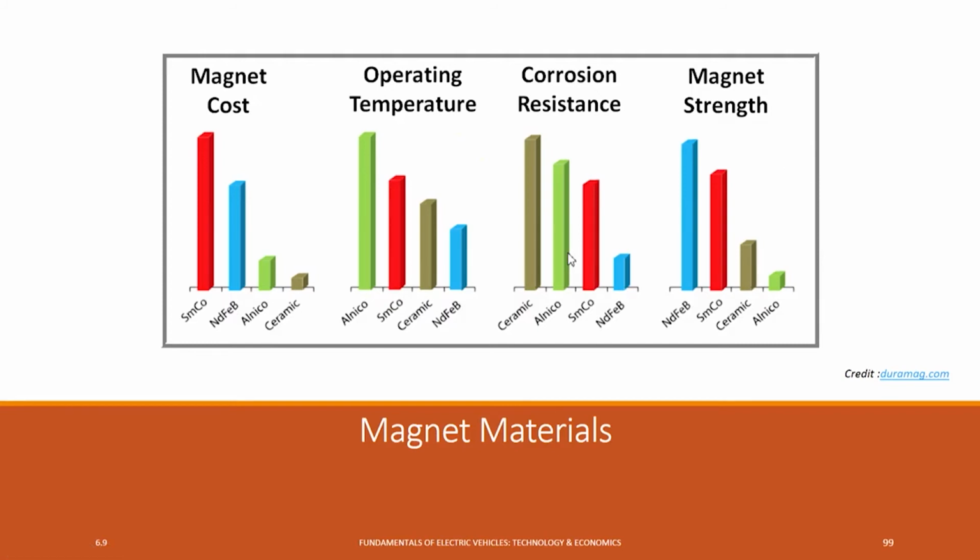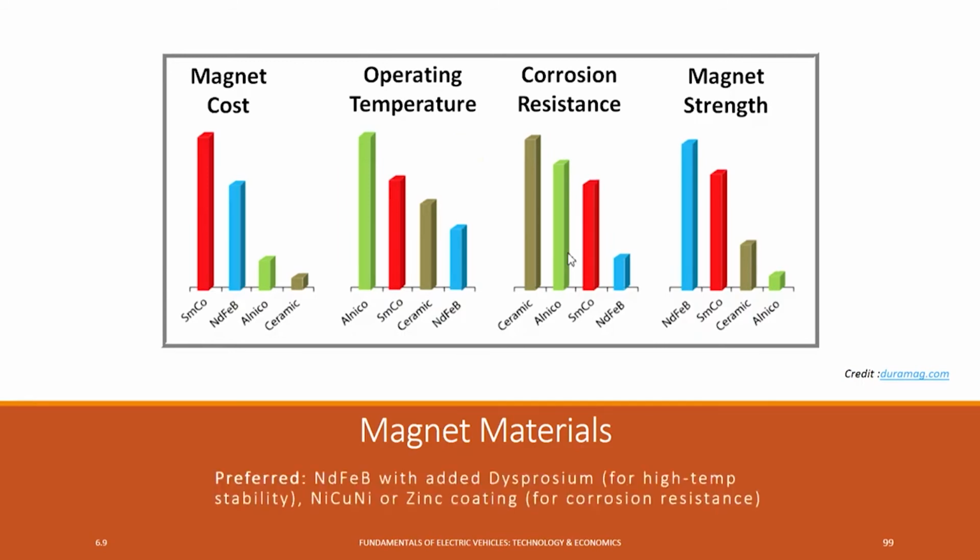Becomes a complicated question to answer. In general, for electric vehicles, I am not talking about missiles and things like that, for electric vehicles the choice is NdFeB, and we add another even more expensive and rarer earth called dysprosium in very small quantities to improve the temperature stability of the magnet, and to improve the corrosion resistance we usually give some protective coating.